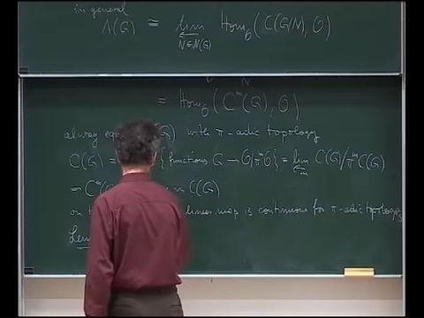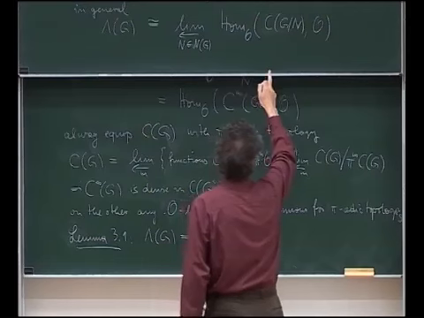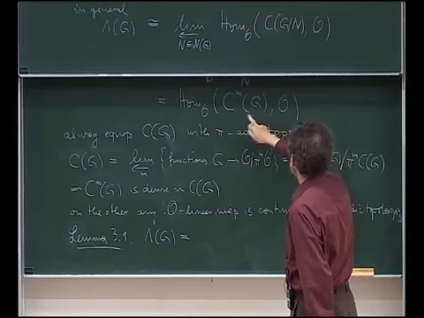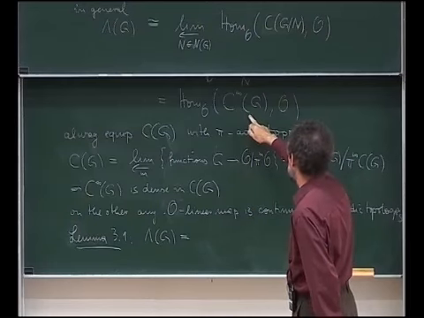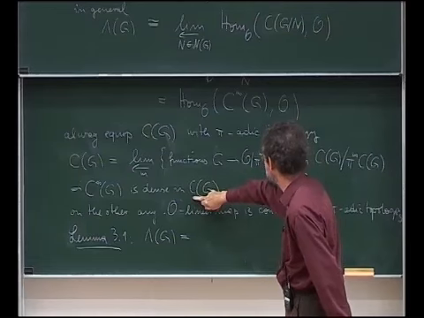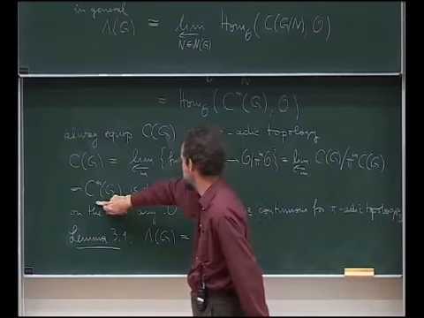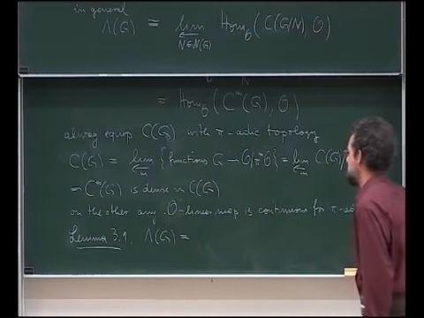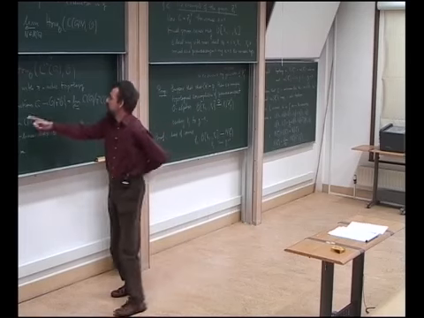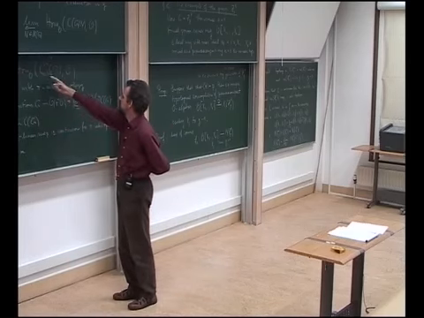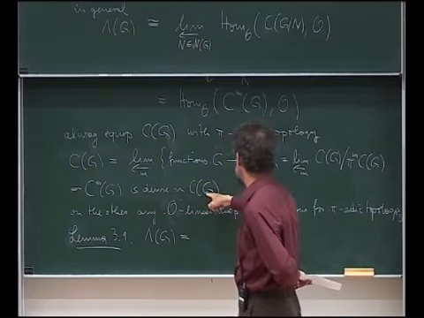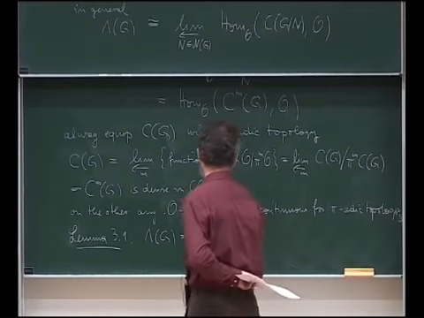And this shows that we have the following lemma. We have lambda G, which we view as a linear form on C infinity G with values in O. By this remark, it's automatically continuous for the p-adic topology. The p-adic topology on here induces the p-adic topology on this submodule. This is in general not true for abstract modules, so one has to worry about it. And so it's automatically continuous for the p-adic topology.